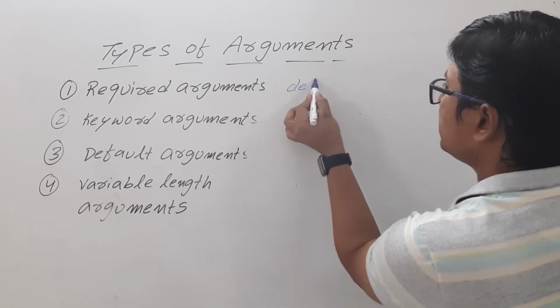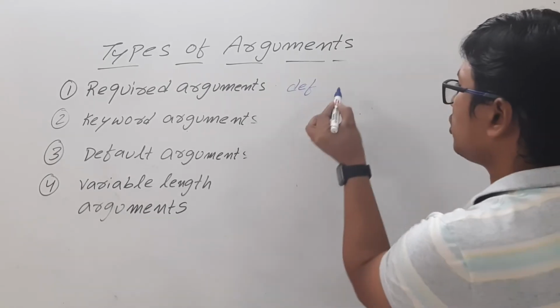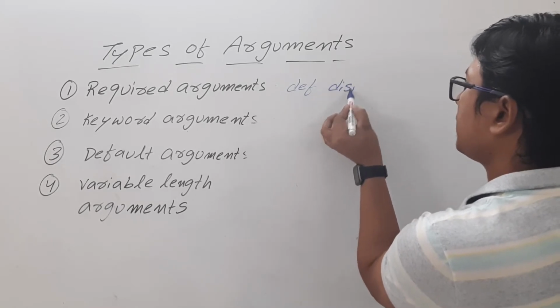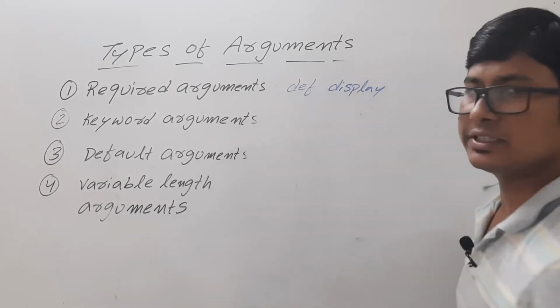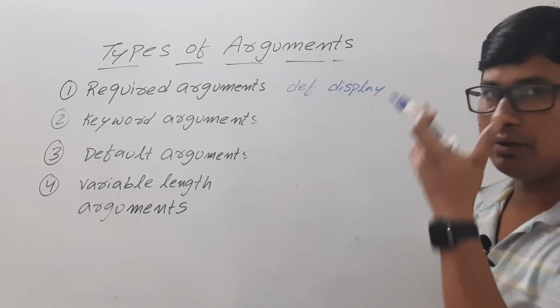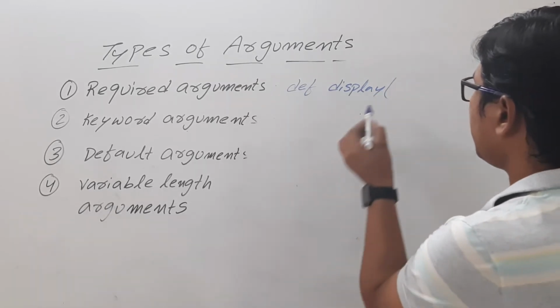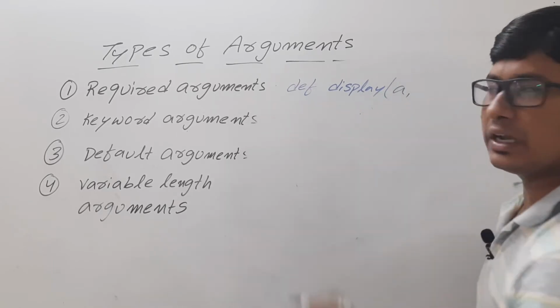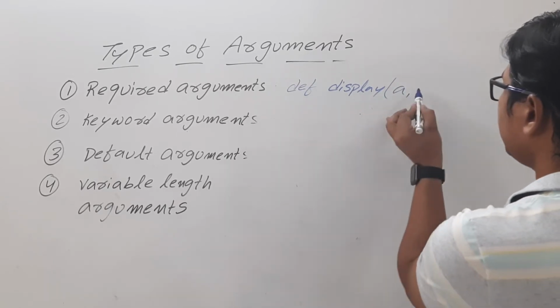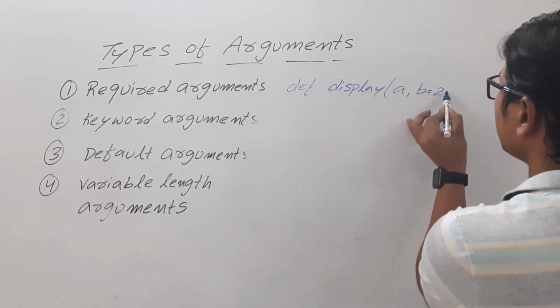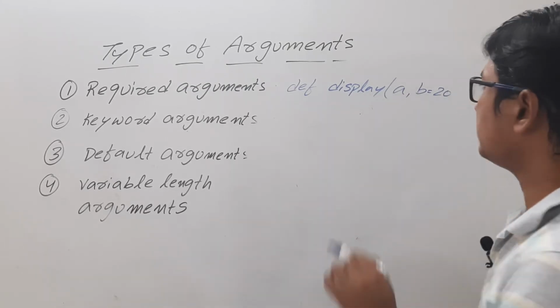I will define a function called display. Every function definition should have the keyword def. I am taking one variable A and another variable B is equal to 20. I am giving it here.